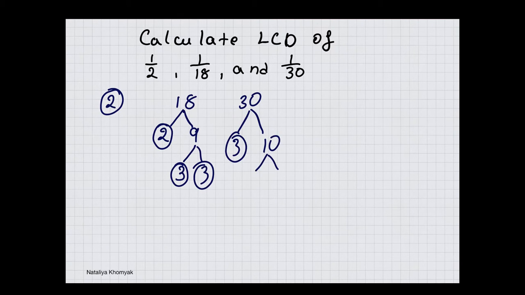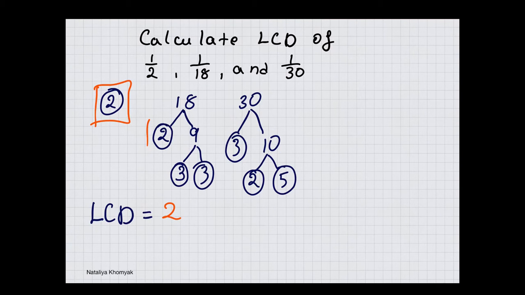And 10 can be broken down into 2 times 5. So the LCD will be, well, we need this 2 to make 2. Now, we have a repetition in 18 and 30. We do not count repetitions of the factors in separate numbers.